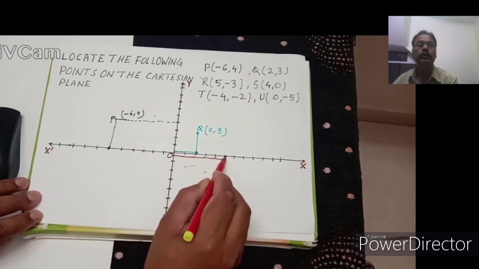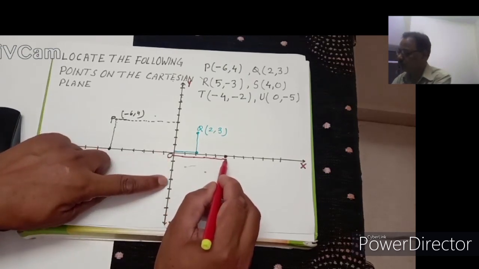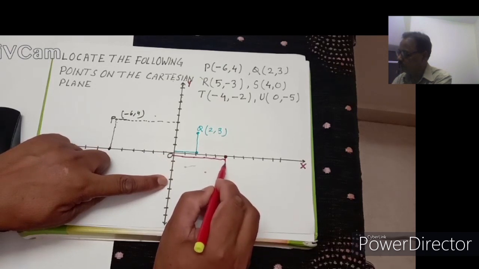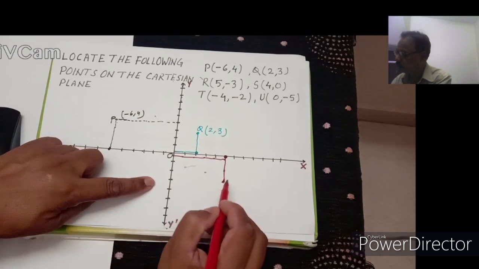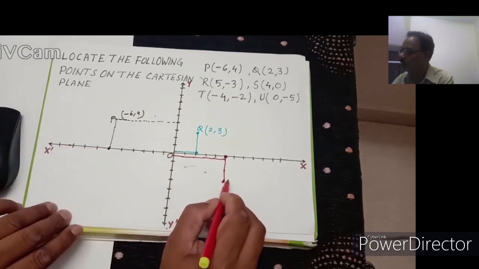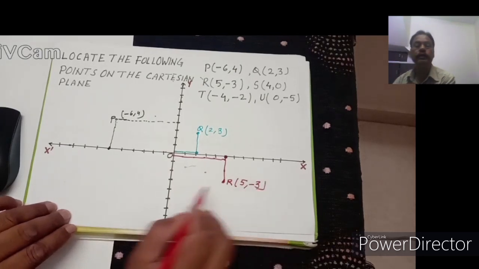Now how much do we move to the y-axis? Negative side, 3 units. 1, 2, 3. We have reached here. So this is point R. Its coordinate is 5, -3.